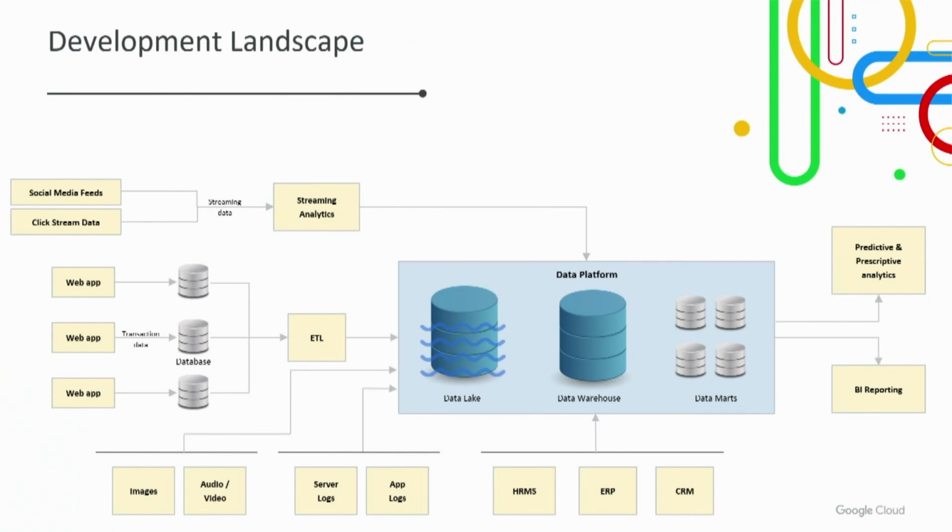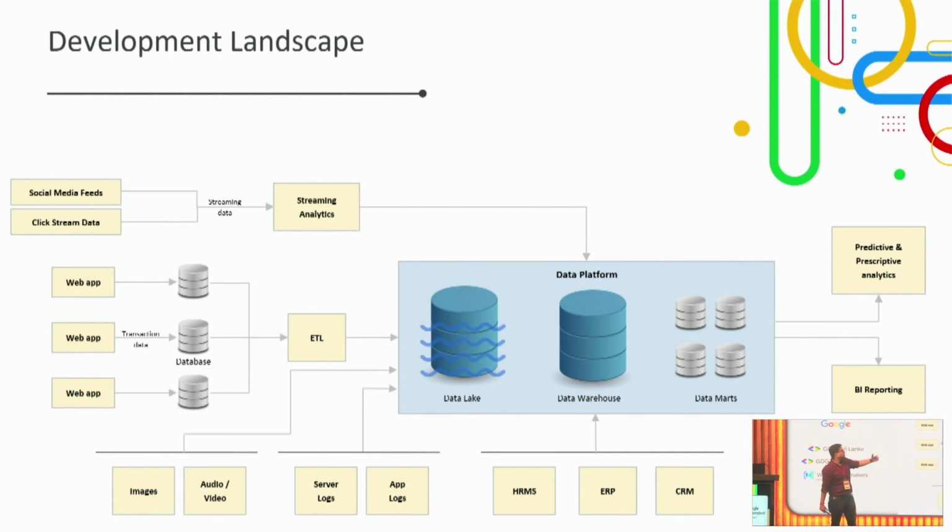Now again, there is definitely a separate way of implementing this, because here the data is continuously coming, right? So you need to implement something called streaming analytics here. Streaming ingestion, then analytics, and then store it. So this collectively forms the entire data landscape of the organization.